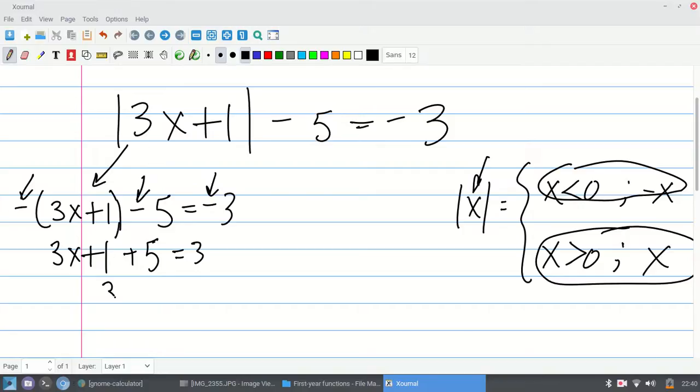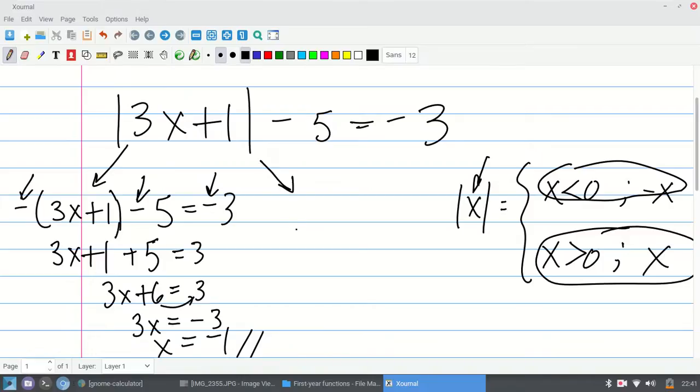So 3x plus 6 equals 3, because 1 plus 5 is 6. So 3x equals, and then I bring the 6 over, I subtract 6 from both sides, I get negative 3. So x equals negative 1. That's the first part. Next is the more straightforward one, which is just take 3x plus 1. Now we're in the positive regime, so whatever's inside, I just place it outside. And it's minus 5 equals negative 3.